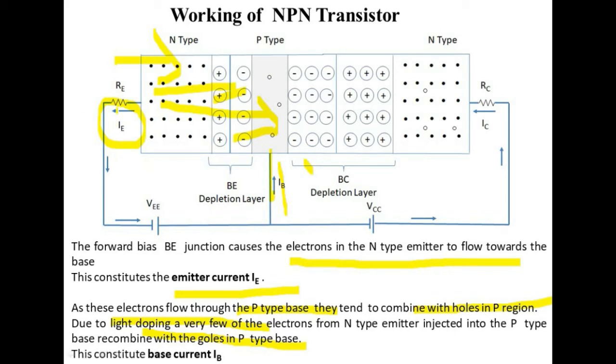A few holes get recombined with these free electrons, so there will be a loss of holes. This will be supplied from the battery, and then we get base current IB in this direction.